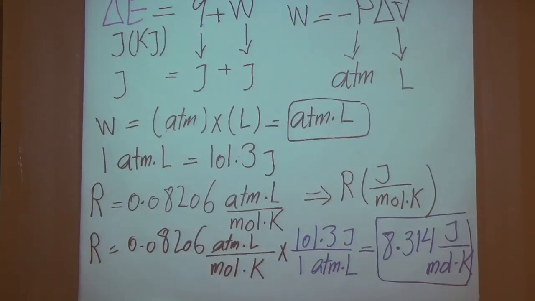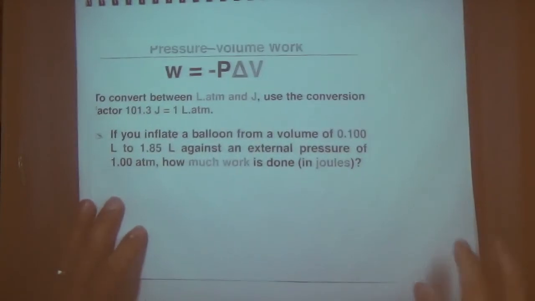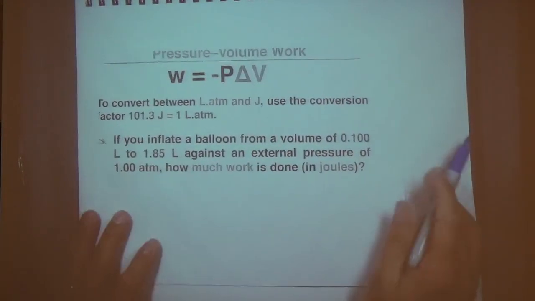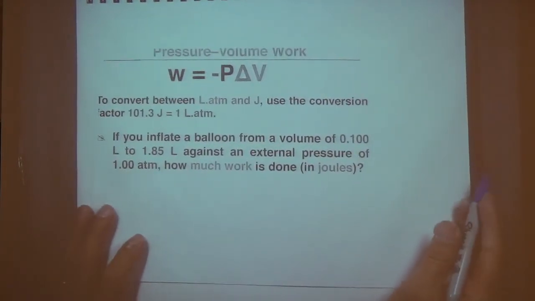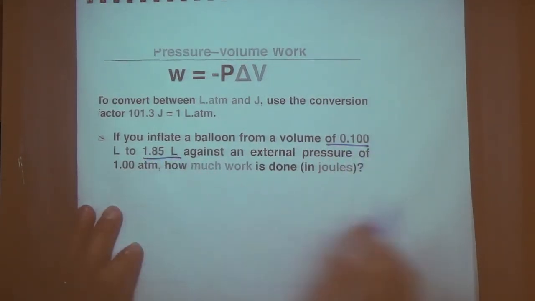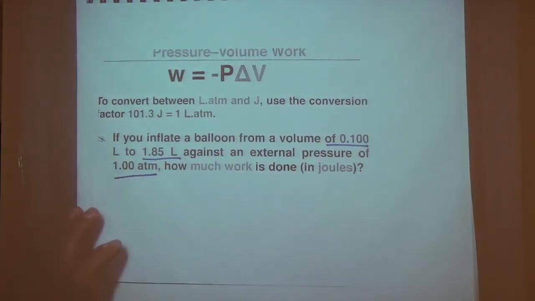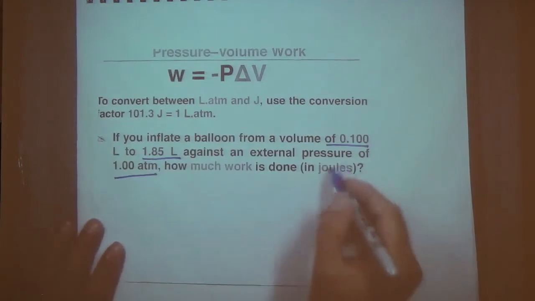Okay, so now we have a bunch of questions about work. It says here they give you initial volume and final volume, and pressure is equal to 1 atmosphere, and they are asking how much work we did. Find the work in joule.